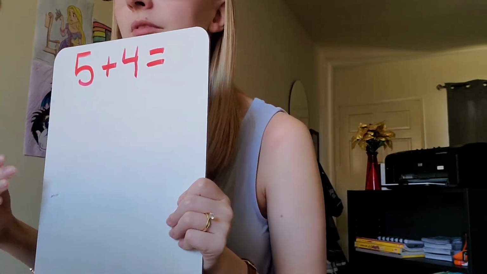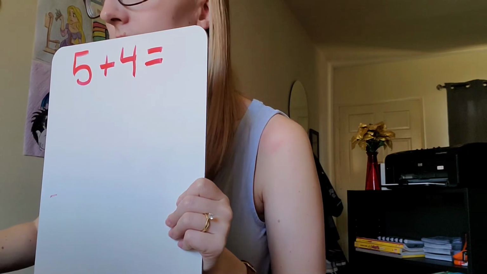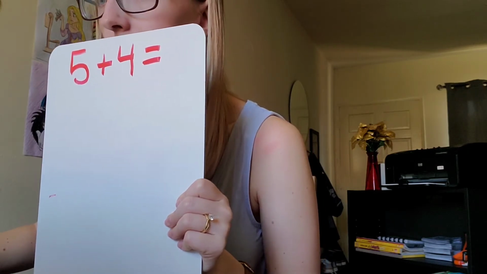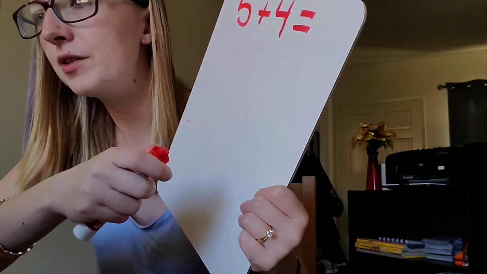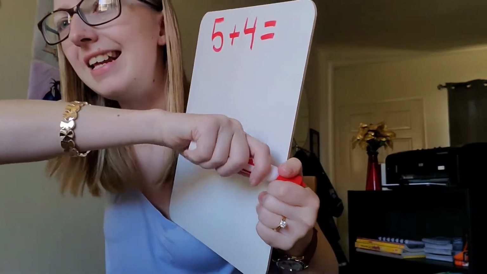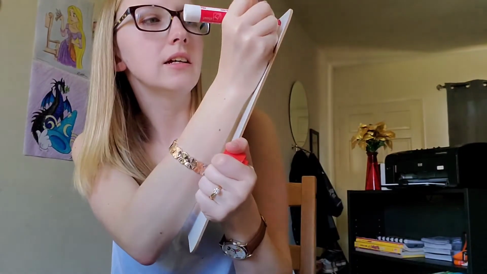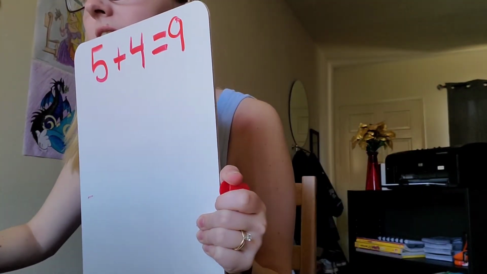You can draw some of your circles. Let's see. Let's do Naoki. What's 5 plus 4? 9. Let's show everyone how we got that.